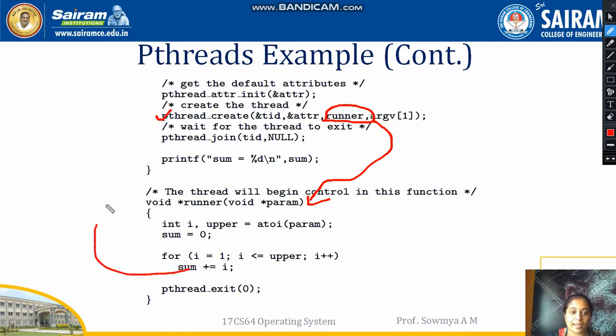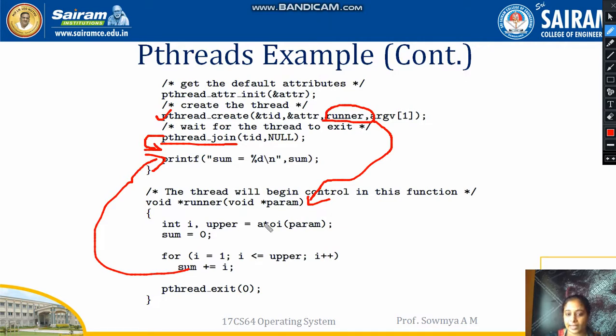If you want the value to be printed here, you have to join. If you want to print the value, then pthread_join is also important. Once you join the pthread, you can access the values of the function that the thread has executed. The thread executes separately from the process; the normal process is different from the thread that got executed.